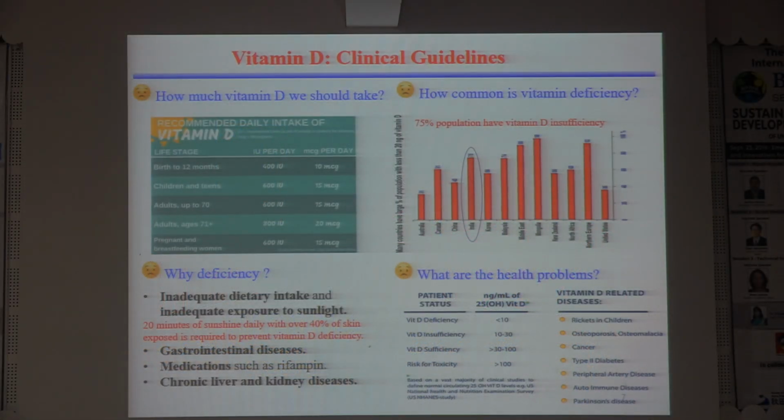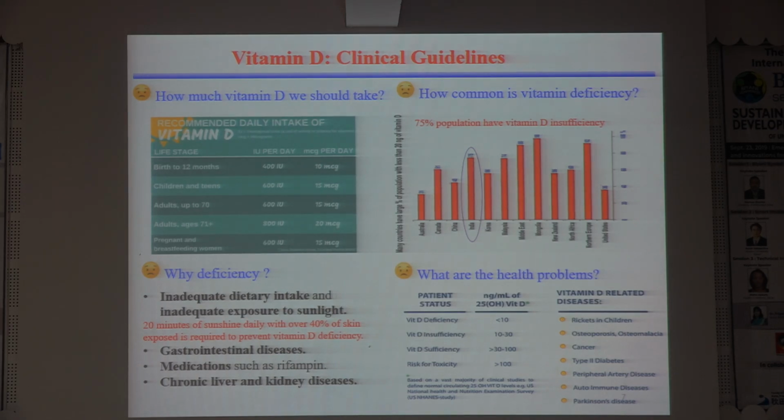So why do these deficiencies occur? Most of the reason is that we are not taking a proper diet that has vitamin D, and we have inadequate exposure to sunlight. Other reasons, like gastrointestinal diseases, medications we are taking, or chronic liver or kidney diseases, can cause variation in the vitamin D level.